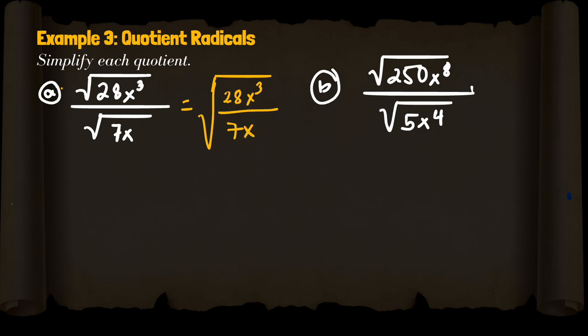Okay. So, since nasulat na natin siya, pwede pa natin i-simplify yan dito, no? We can simplify 28 and 7 since nasa loob naman siya ng bahay. 28 divided by 7, we can divide this one. Ang sagot is 4, right?